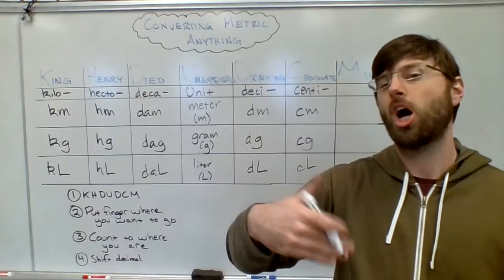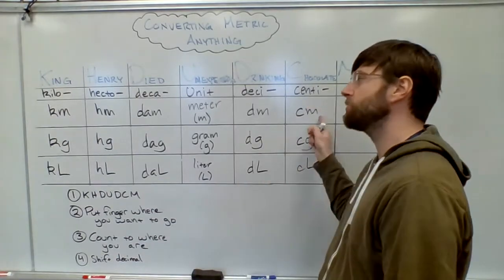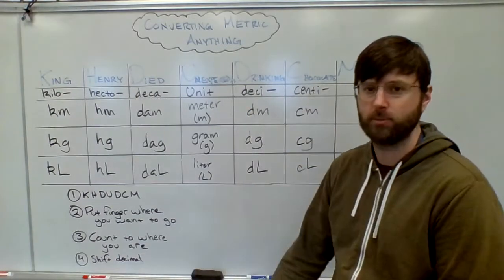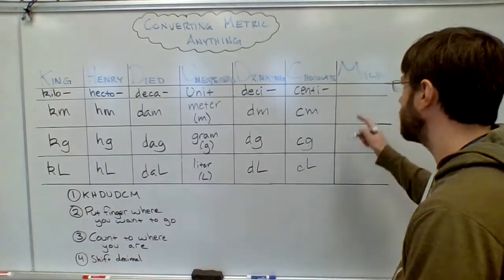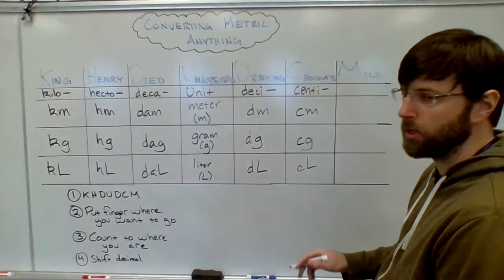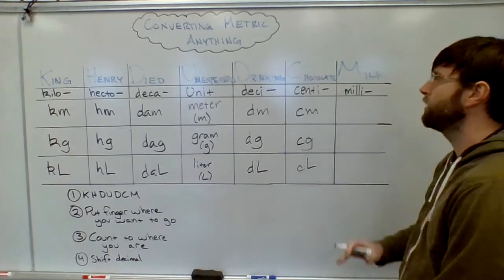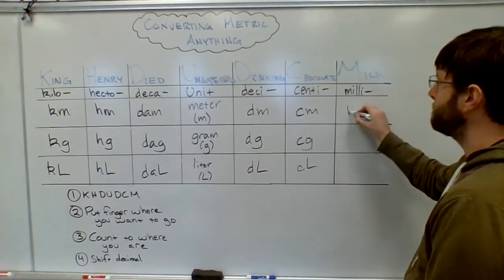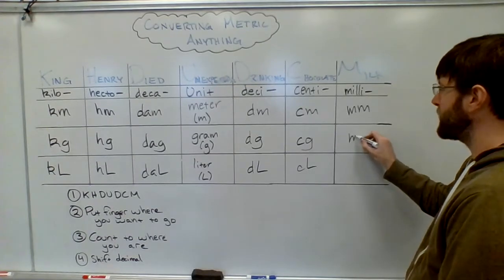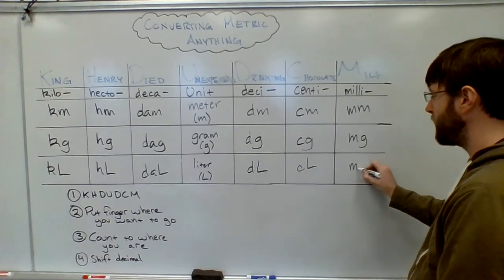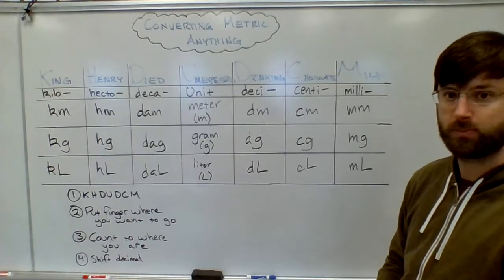Centi just means hundredth, because 1 centimeter is 100th of a meter. Okay, and last but not least, M stands for milli. Okay, so a millimeter, a milligram, and a milliliter.